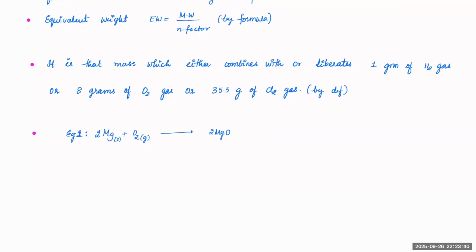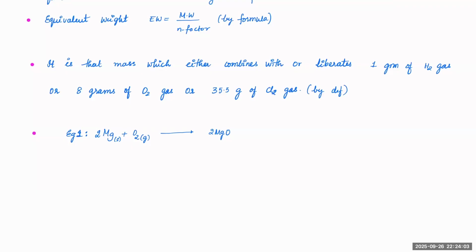Okay. If I take a substance, I try to combine it with either hydrogen, oxygen, or chlorine, or it is already in the form of oxide, chloride, or hydride, then maybe on heating it is giving away some oxygen, chlorine gas, or hydrogen gas. Then what do you need to check?